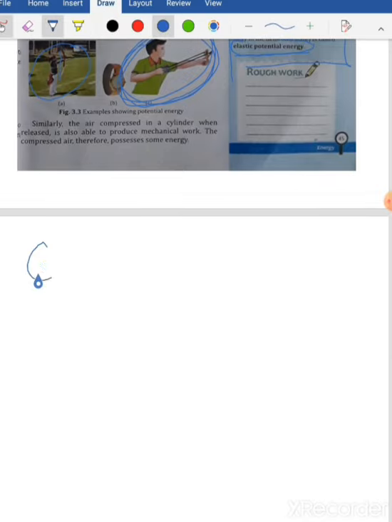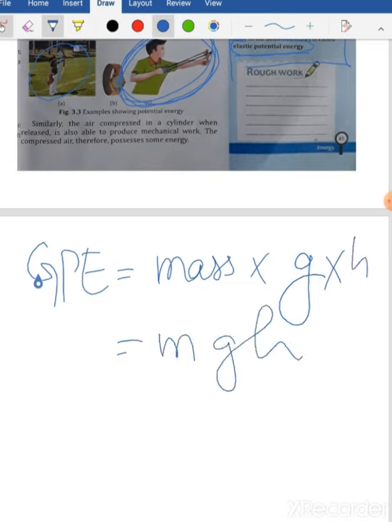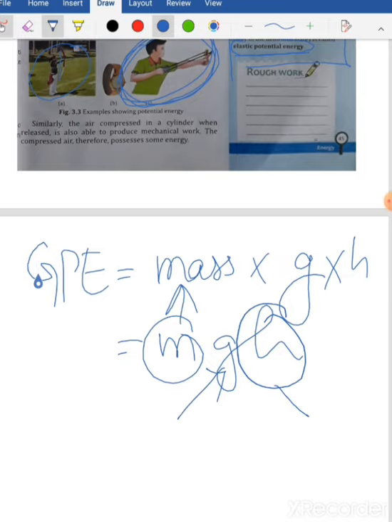So gravitational potential energy is given by the formula mass into G into H, or you can write it as mgh. Here m is the mass. What is G? G is acceleration due to gravity. Okay, and what is H? H is the height at which my watermelon was raised up.